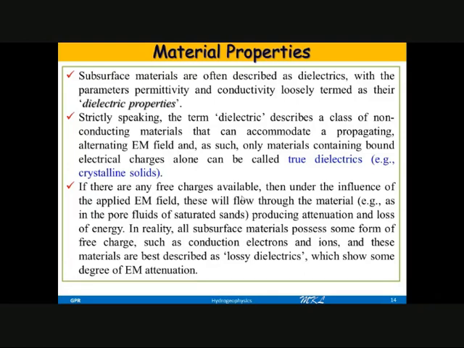In electrical theory, when we refer to dielectric, that describes the class of non-conducting materials that might have a capacitive property, or can accommodate a propagating alternating EM field. That's called true dielectrics. But here I'm using the term dielectric loosely, because I'm considering all the materials as having dielectric properties, allowing the alternating EM field, electric and magnetic, to propagate.